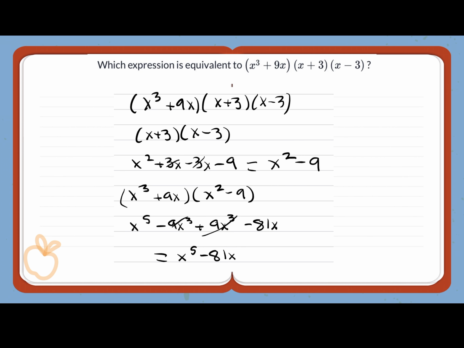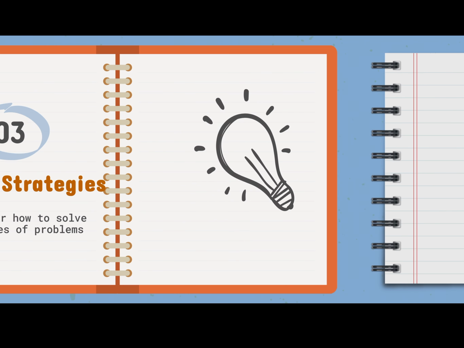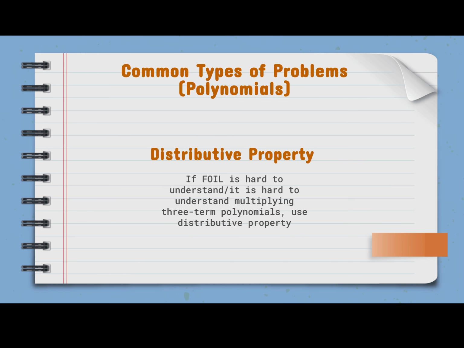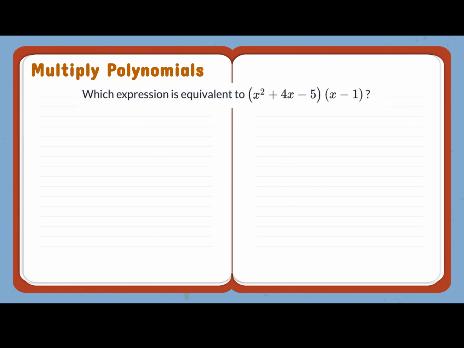Okay, so a solving strategy I have for solving polynomials is the use of distributive property. If you're not familiar with FOIL or it can get complicated, understanding how distributive property can play into polynomials can really help you. And I'll explain here.